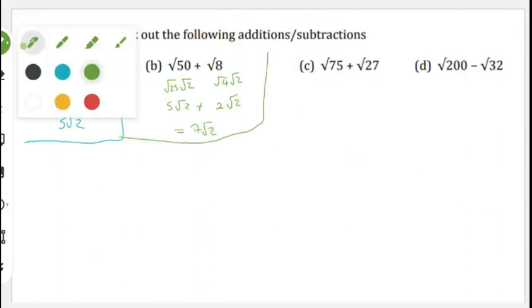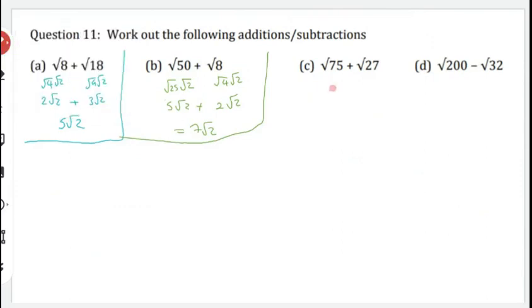The next one, I got 8 root 3. Okay, so the square root of 75 is square root 25 square root 3. And the square root of 27 is square root of 9 square root of 3. So that's 5 times the square root of 3 plus 3 times the square root of 3, which is 8 square root of 3.